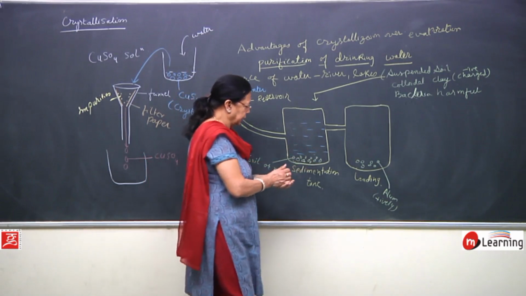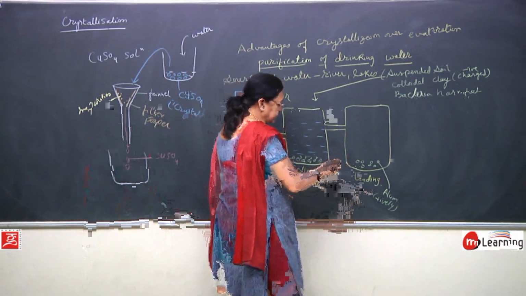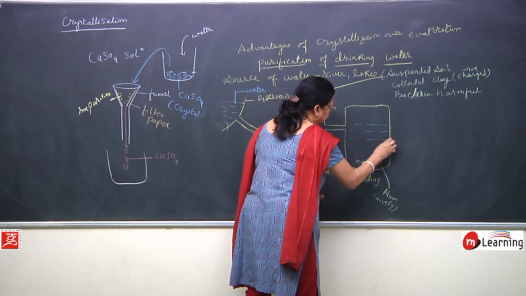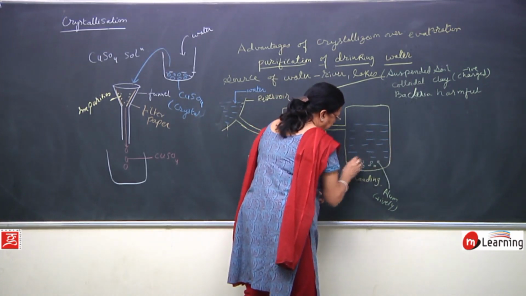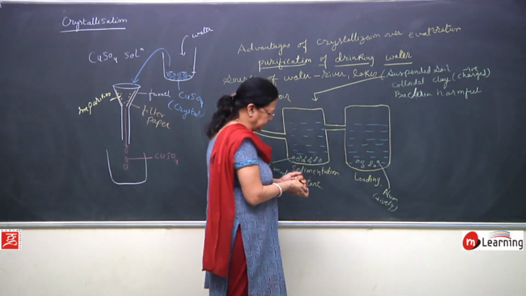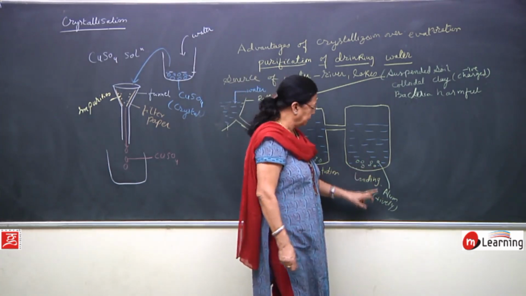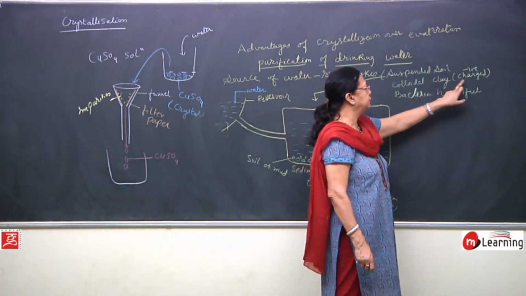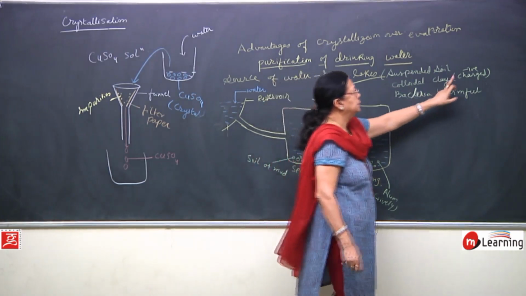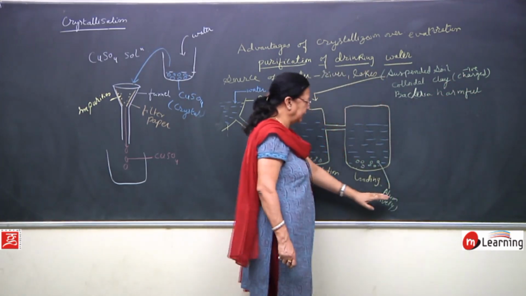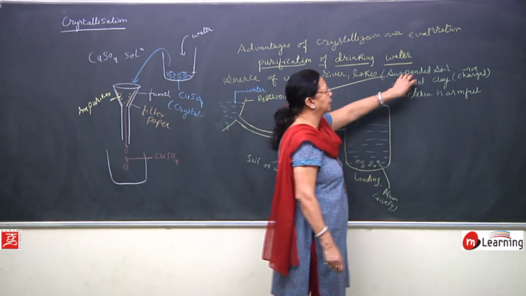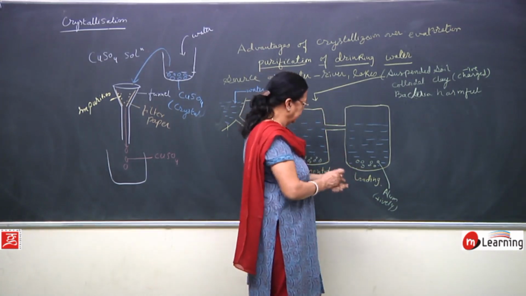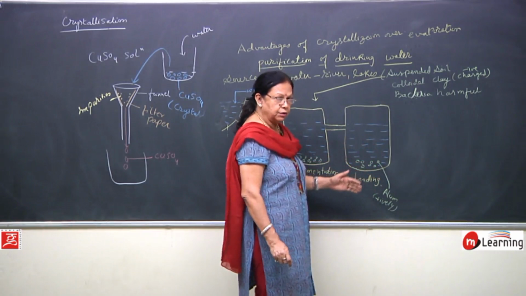Now, this water comes into a loading tank, and this is called loading. Here this water is treated with alum. When this alum gets dissolved in water, it forms positive ions, and the colloidal particles present in water are negatively charged. So, alum and colloidal particles react together and neutralize. Why is it called loading?